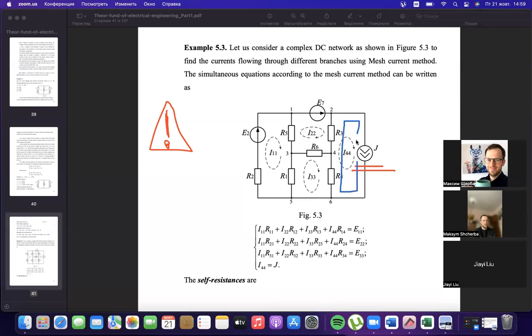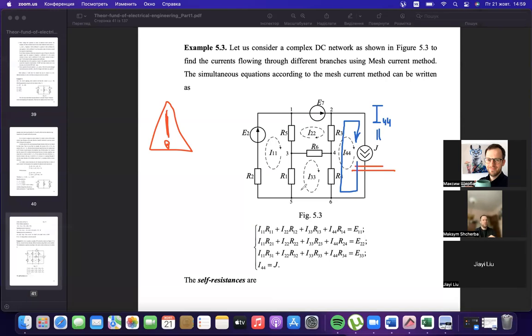In any case, you should equalize this mesh current number 4 to the value of the current source J, and then do the same operations.